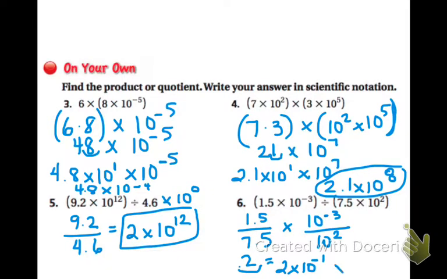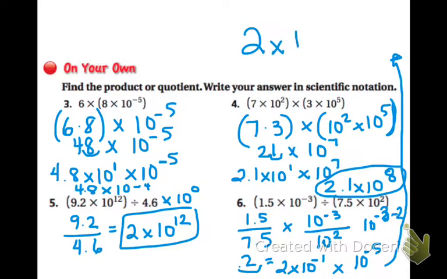And then we're going to take that times, what do we get here? We get 10 to the negative 3 minus 2. So times 10 to the negative 5. And so we get this negative 1 plus this negative 5, and we'll say 2 times 10 to the negative 6.